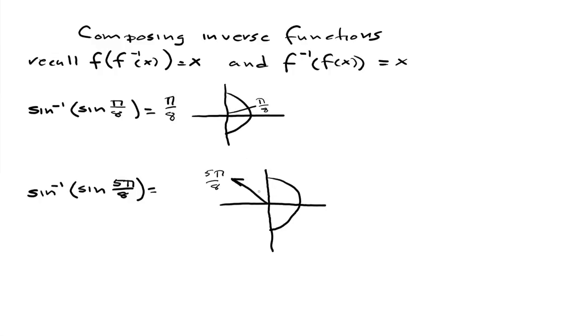In this quadrant, the sine is positive, so I have to pick whichever of these two quadrants the sine is positive in. So I'm going over here, which means, again, I'm looking at pi over 8. So when I take the sine inverse of the sine of 5 pi over 8, I'm not getting 5 pi over 8. I'm getting pi over 8.